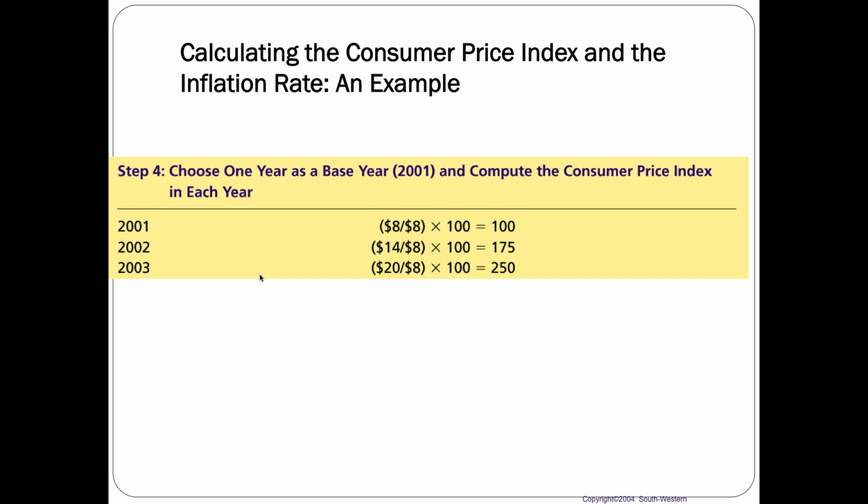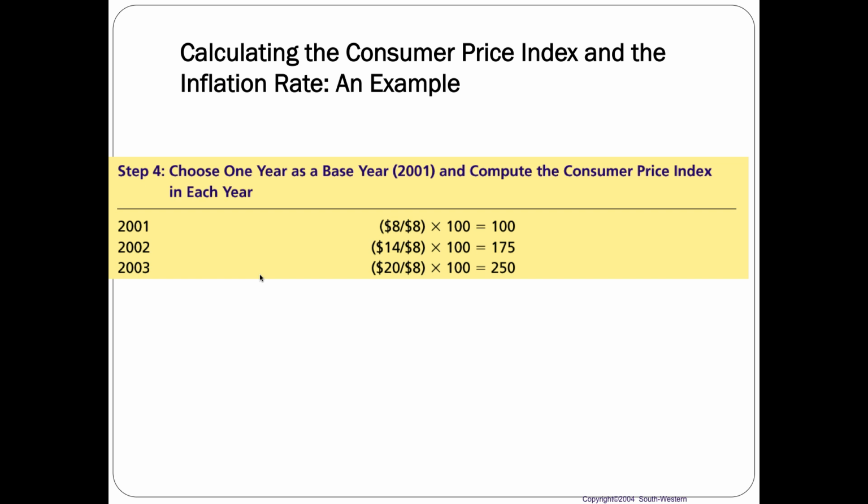Now, moving on to 2002, there the basket of goods cost $14 divided by the price in the base year, which was $8 times 100, you get 175. In 2003, the basket of goods cost $20, divided by the cost in the base year, which was $8 times 100, and you get 250 as your CPI.